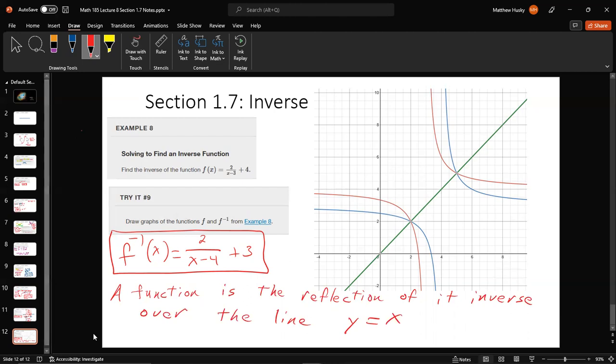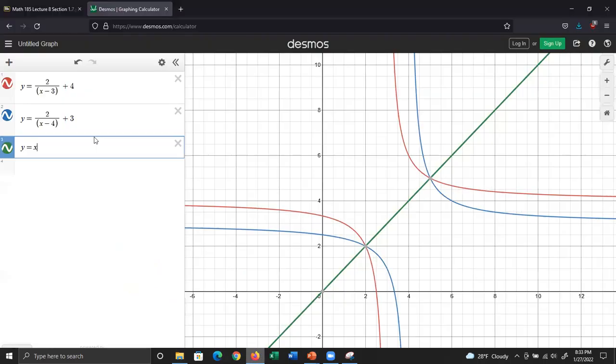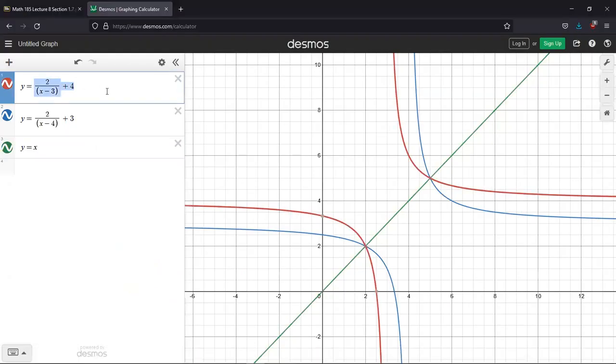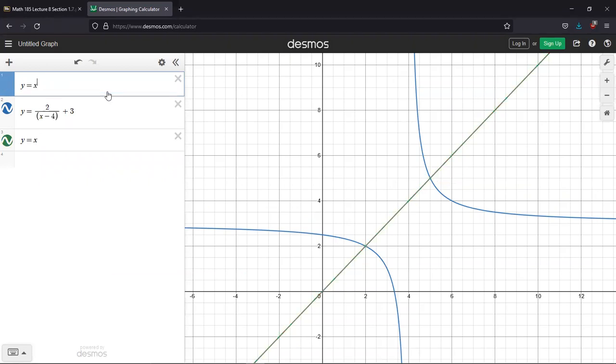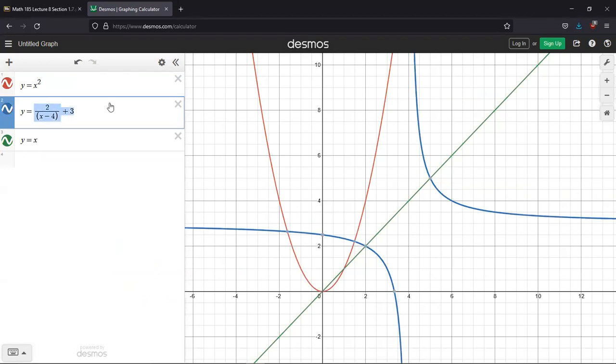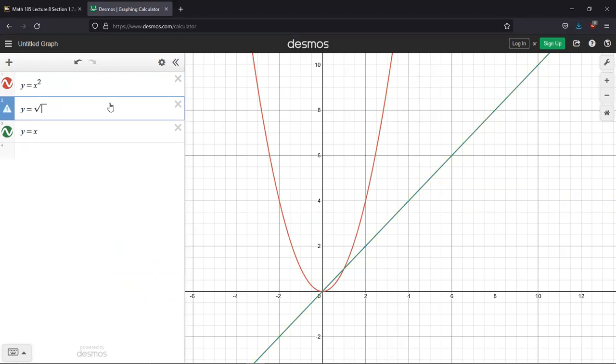And one last thing I will leave you with, because I mentioned this, is a simpler example of this phenomenon. Let's say we were to graph y equals x squared. And then let's also graph y equals the square root of x.